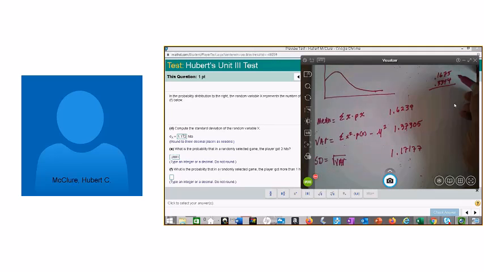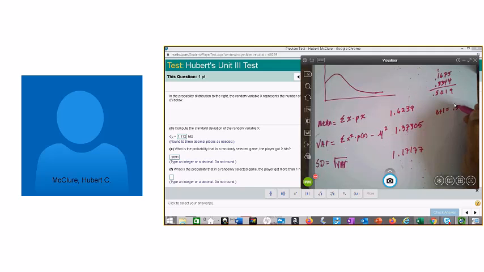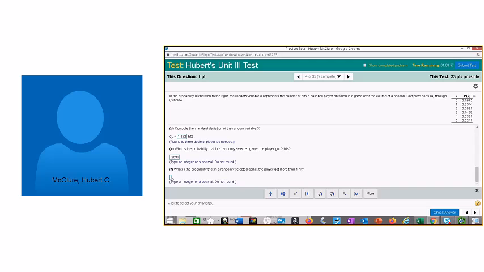So 0 plus 1 hits is equal to 0.5019. Therefore, 1 minus 0.5019 would be 0.4981. So that would be more than 1. 0.4981.